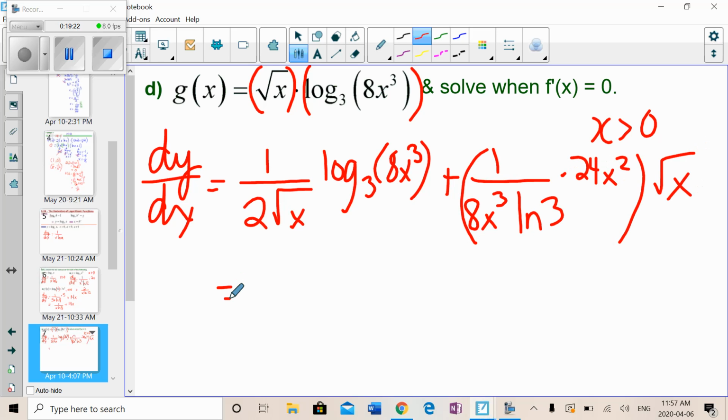Okay. So we want to think about exactly what we're going to do with this. So let's rationalize the denominator here. So this is going to be a root x top and bottom.